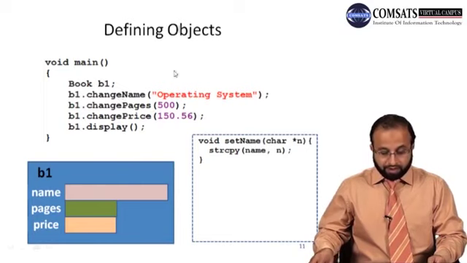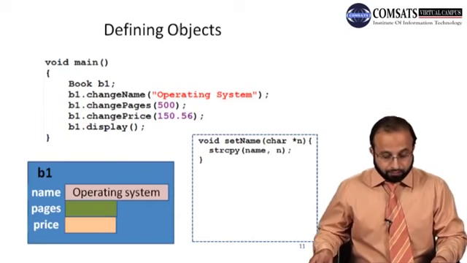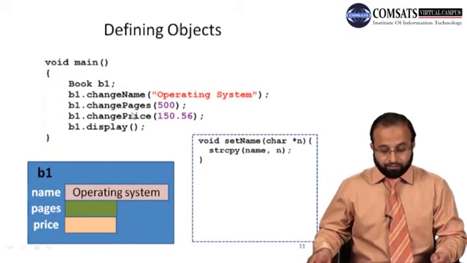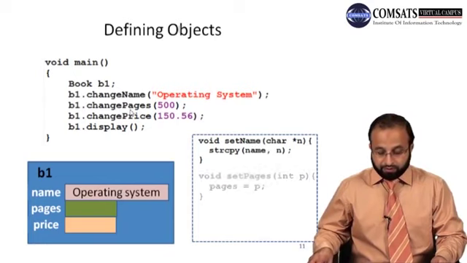So when this function is executed, the operating system comes over here. I'm saying it again that instead of change, just assume that this is set name, set pages, set price, as we have seen before. Then the third statement is again a function call, set pages. So set pages is this function. You are passing a value 500.